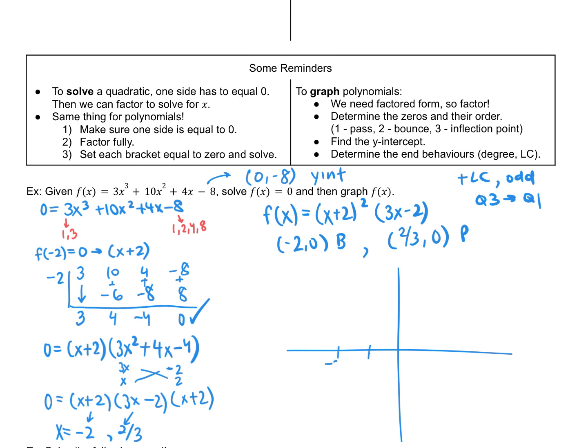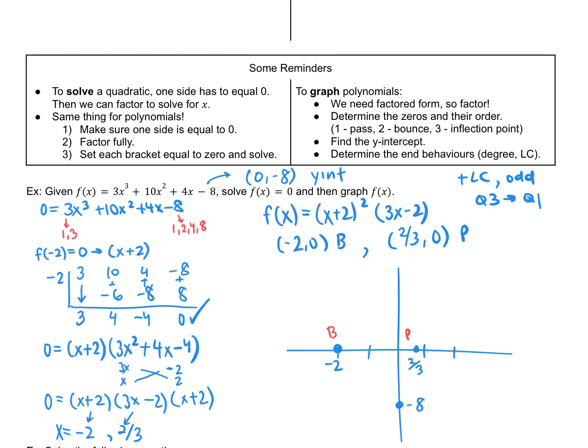1, 2, 1, 2, and 2/3 is at 0.6 repeated, so I'll plot that point and label it. And then we're going to bounce at -2, pass at 2/3, and I'll also plot my y-intercept and I'll just say it's roughly here.